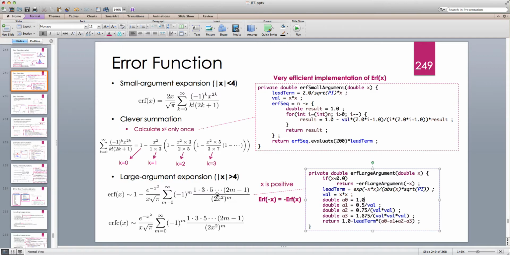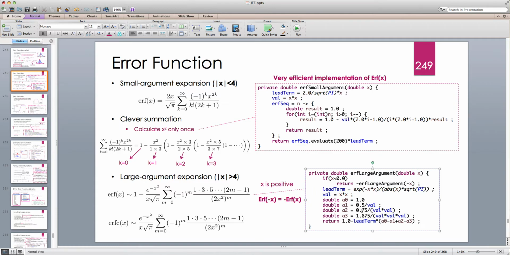And we don't need to calculate many terms. It turns out that even 3 terms gives us very good accuracy. So here I'm calculating a0, which is 1, this term, a1, which is 0.5 over val, and val is x squared, right?